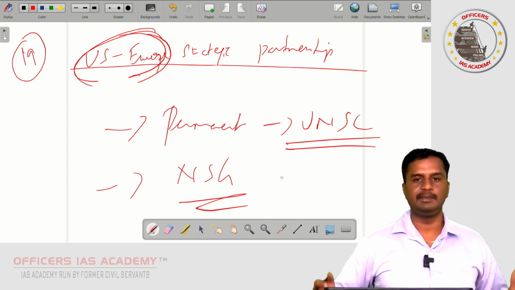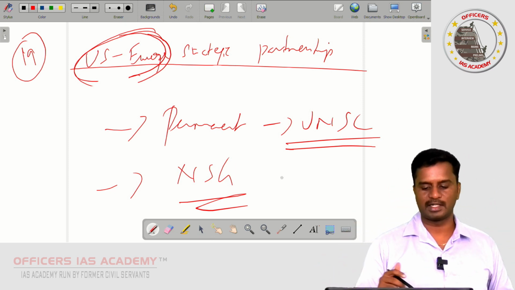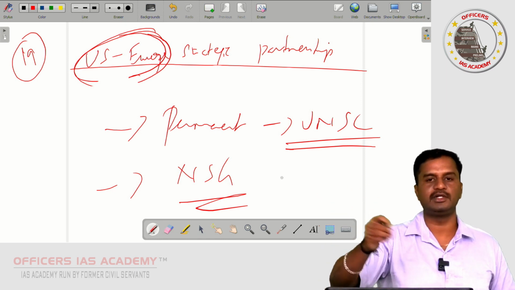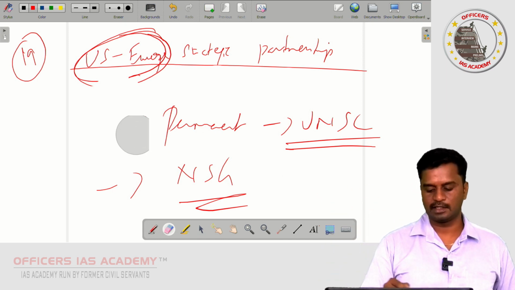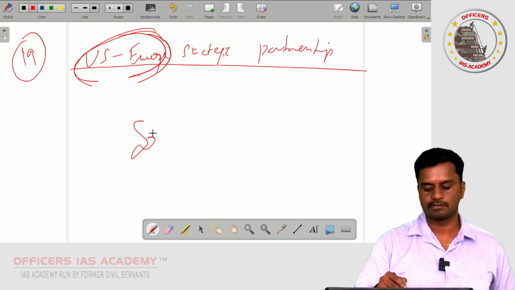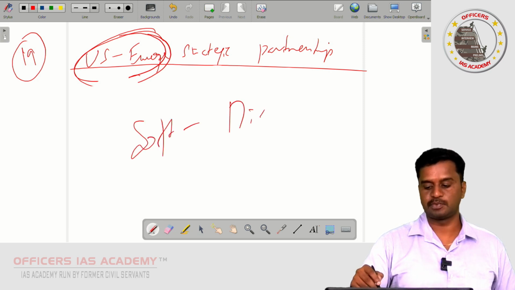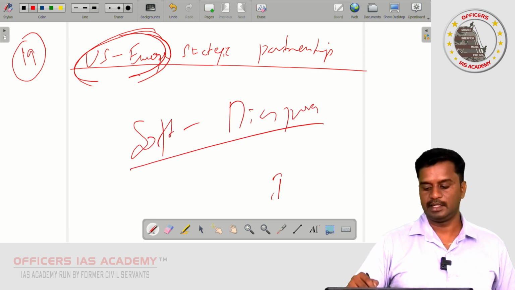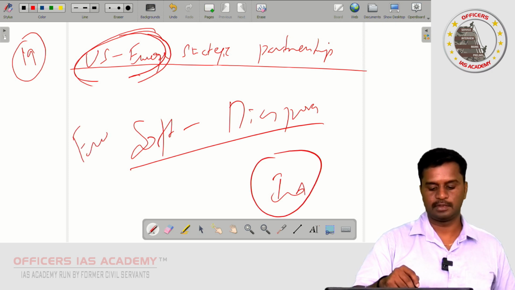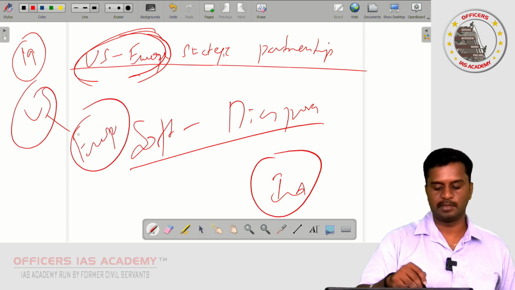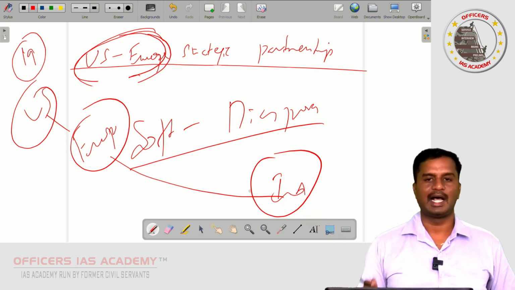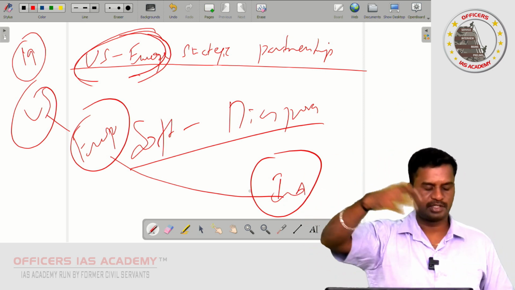So write these important points. I have covered the important dimensions. If there are other points, try to bring them. Once again, mention about soft power. Mention about diaspora here. India, Europe, US, who is merging? Diaspora is merging as a virtual bridge.